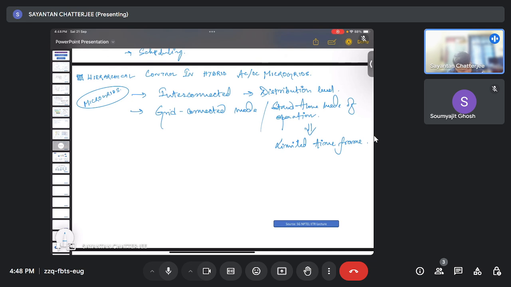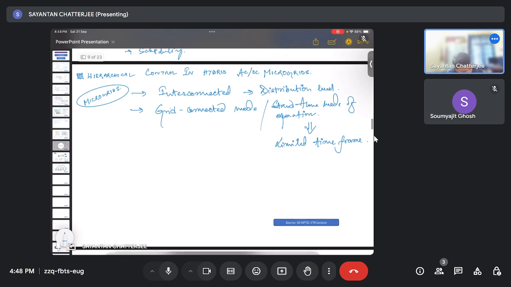So in microgrids, as an outcome, the advantage is that it enhances the reliability of the grid.